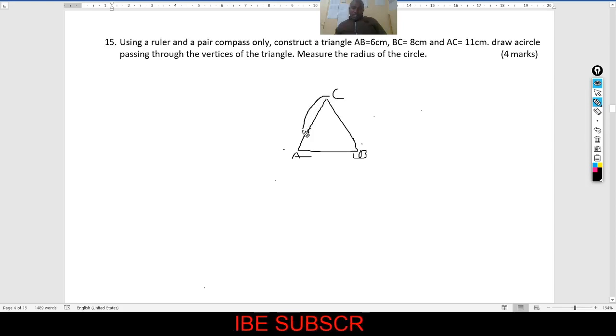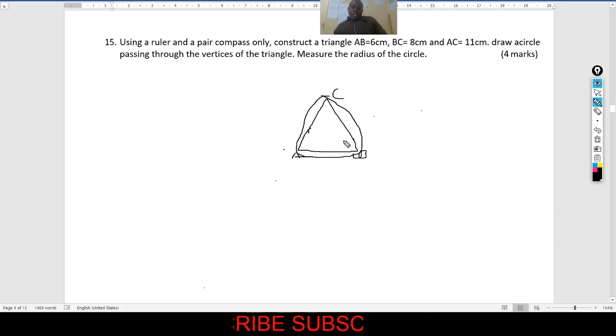Through means it goes out. A circle that touches the three sides is a circle that will pass inside.